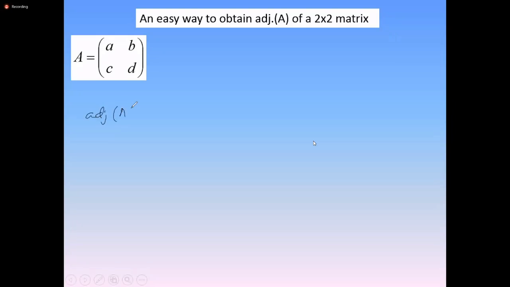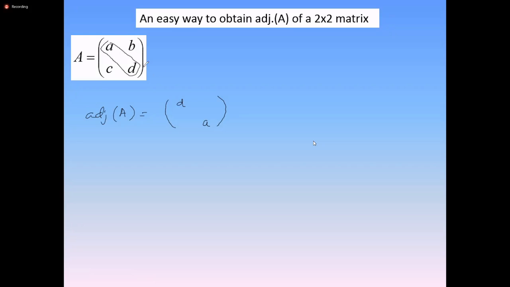The adjoint matrix of the given matrix A is taken like this. Here you can see the main diagonal, A and D. Change their positions. Here D and A. Values are the same.